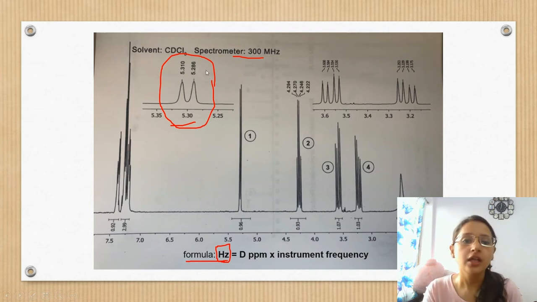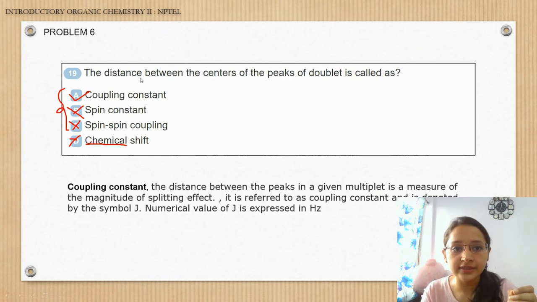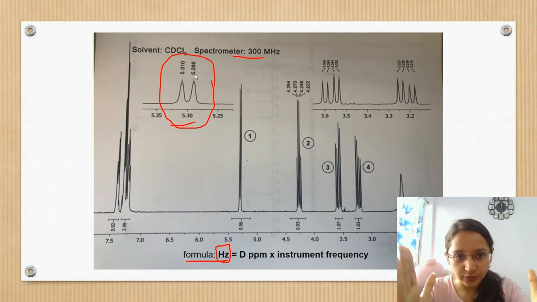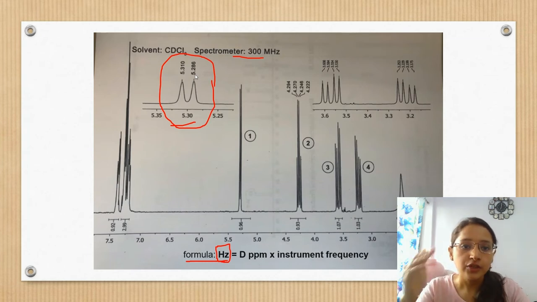Now they are asking the distance between the center of the peaks of a doublet. If we subtract these two chemical shift values, we get the difference between the two doublet peaks. If you have to calculate the distance between these peaks, you first have to take the difference of the chemical shift values of these peaks.